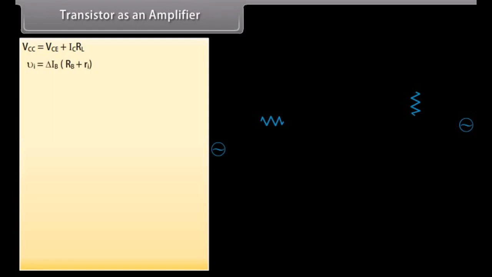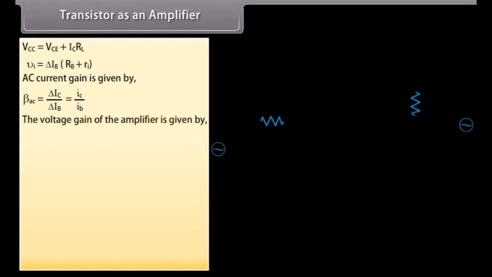Delta VI is equal to delta IB multiplied by RB plus RI. AC current gain is given by beta AC is equal to delta IC upon delta IB.